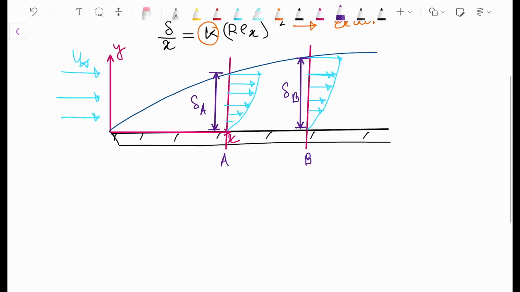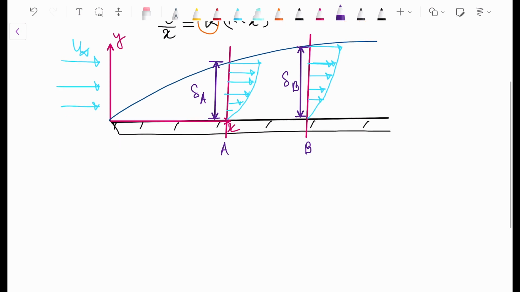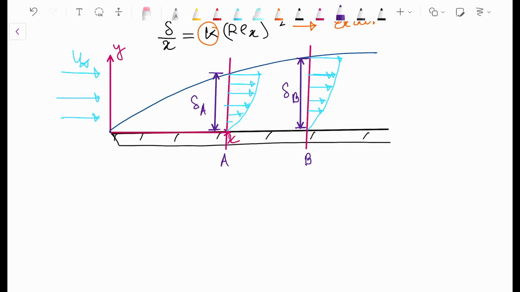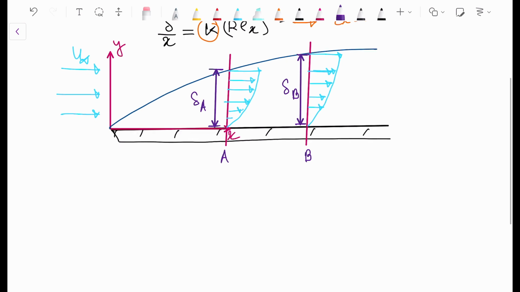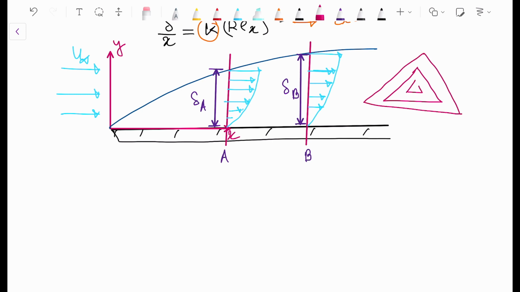Now we have some similarity between the two velocity profiles at section A and at section B. Intuitively I can say that if I can stretch the velocity profile of A, then I can get the velocity profile of B. The concept is like, if I am having a triangle, maintaining the same angles, I can stretch the triangle or I can shrink the triangle.